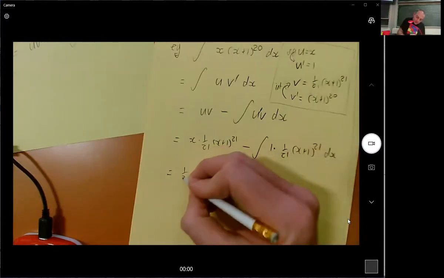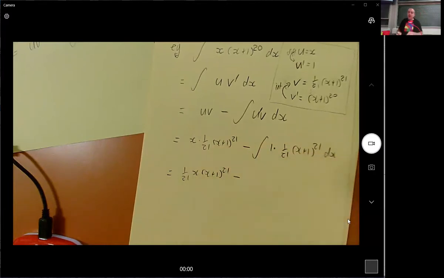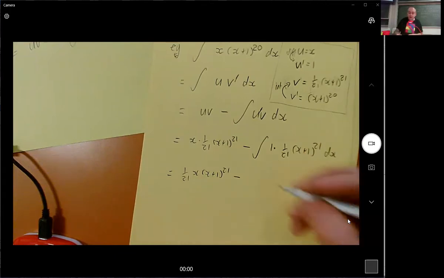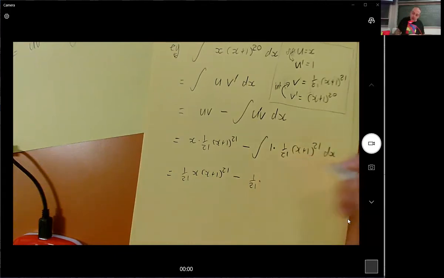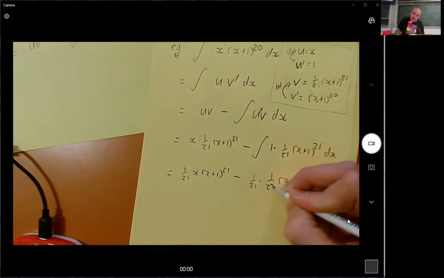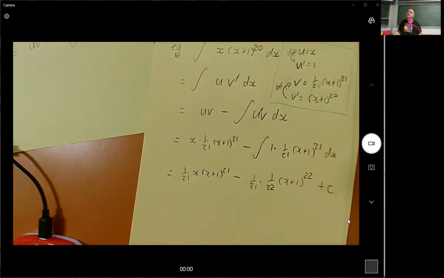And this integral, that's just a number, so I can just do it now. The 1 over 21 is still there. The exponent will go up to 22, and I'll divide by the new exponent. And the derivative of that is just 1, and so dividing by 1 isn't going to make a difference, and I'm done.